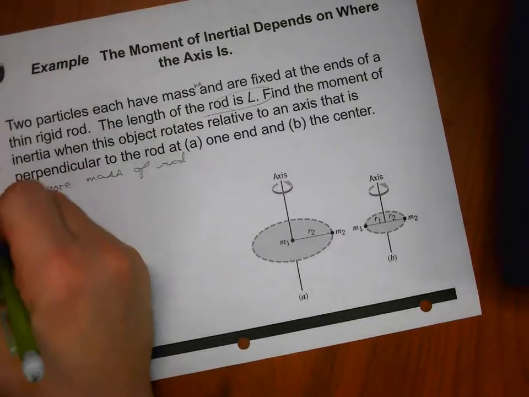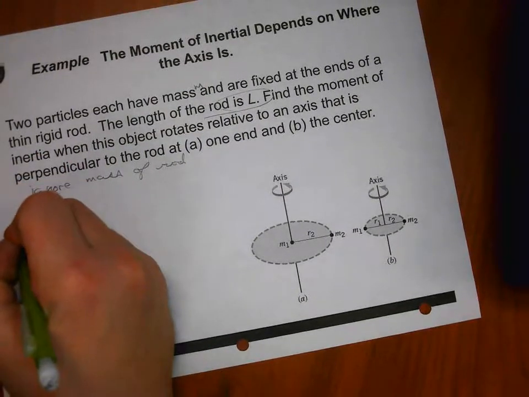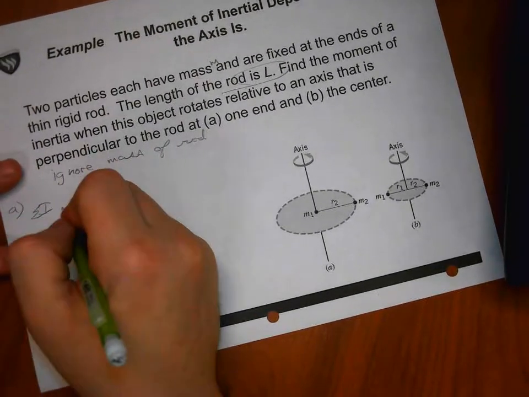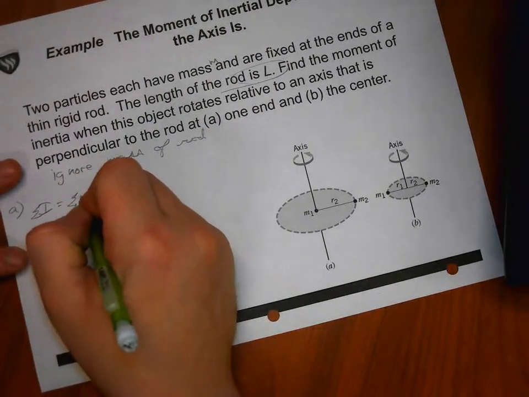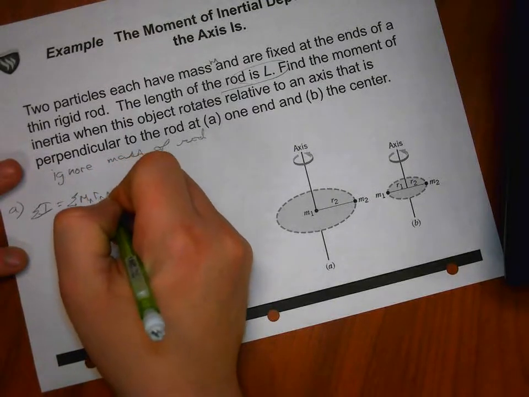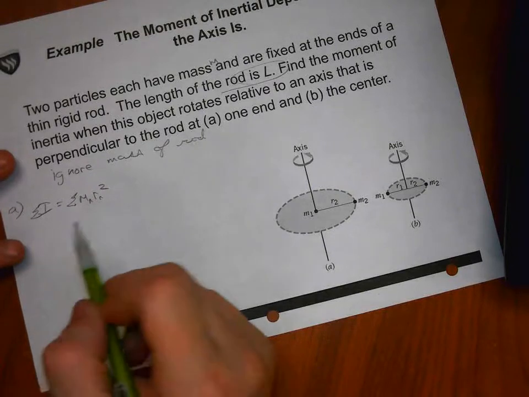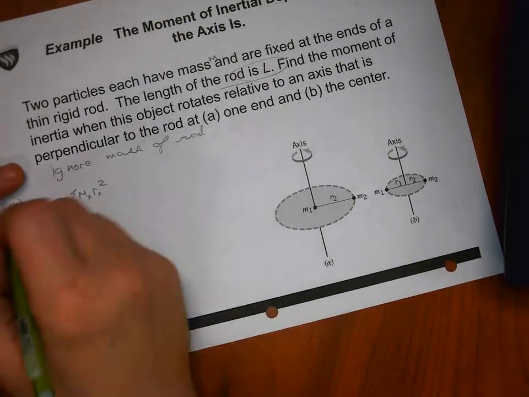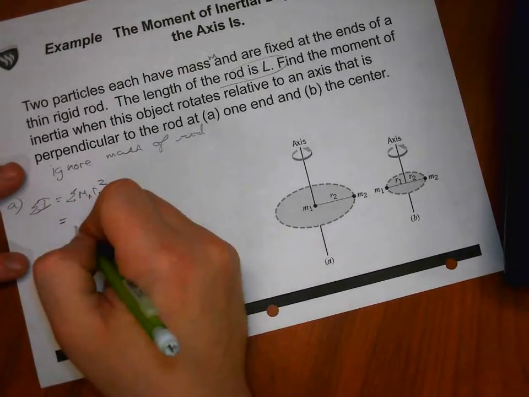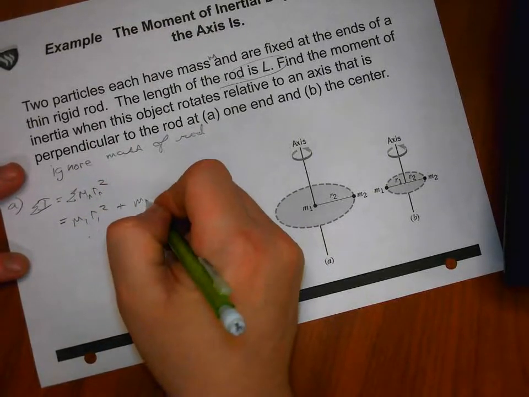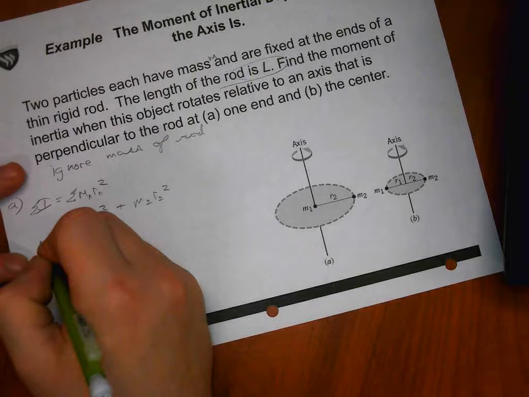Okay, so part A, we know that the sum of all the moments of inertia is equal to the sum of mr squared, where I just put m as a subscript, like m1 r1, m2 r2, that kind of thing. In this case, that equals m1 r1 squared plus m2 r2 squared.